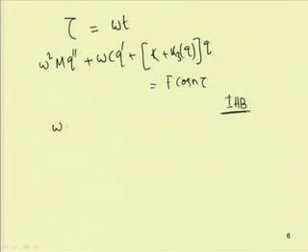Initially I started with omega 0, and the neighboring state I can find by incrementing by delta omega. Similarly, for q j 0, the next stage q j will be equal to q j 0 plus delta q j.